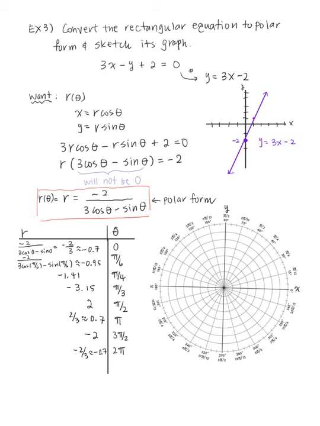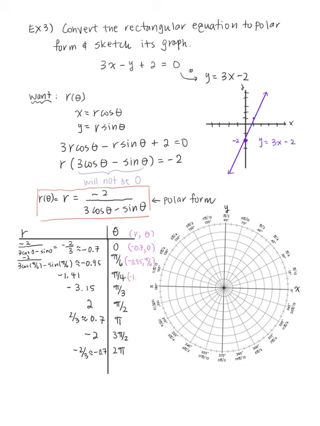All right, so let me just make ordered pairs here. R is approximately negative 0.7 when theta is 0. So this is of the form r comma theta now. Then we get negative 0.95 comma pi over 6.